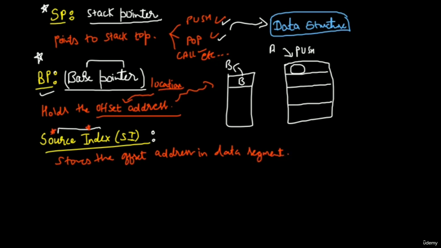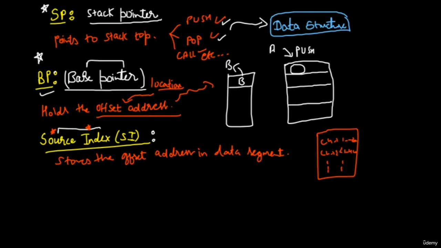In general, we sometimes use the word index for the contents, like chapter number 1 is from page 1 to page 20, and then 21 to 44 is chapter number 2, and this kind of thing. We also call it content or index. So it stores the offset address in data segment.